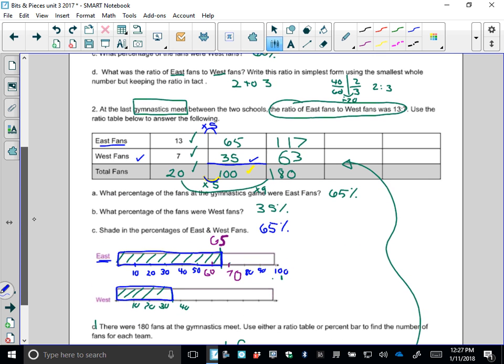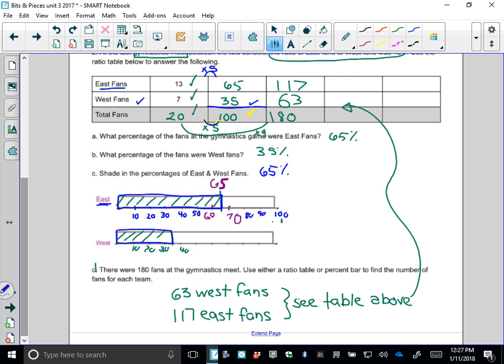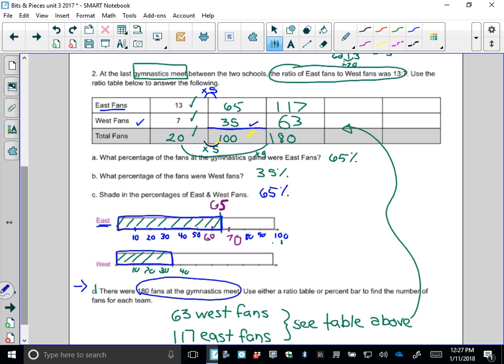So then we did a little more thinking. We read Part D and said there were 180 fans at the gymnastics meet. And up here, it only gave us the ratio.